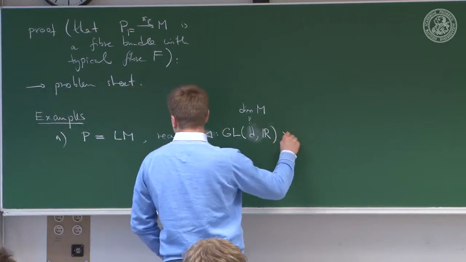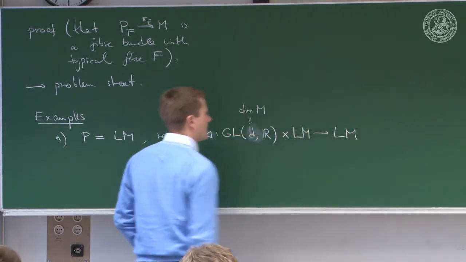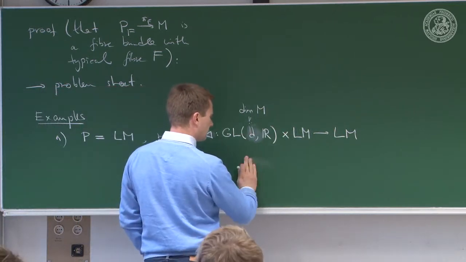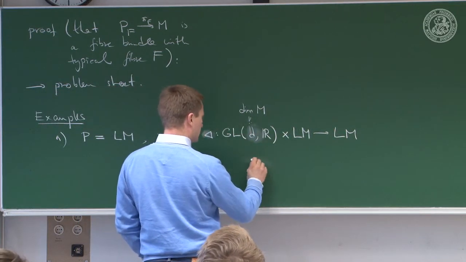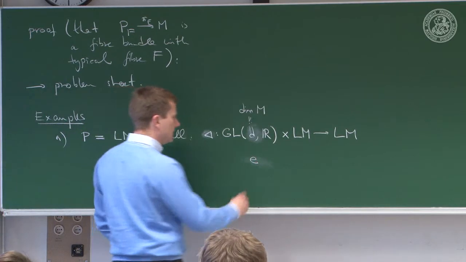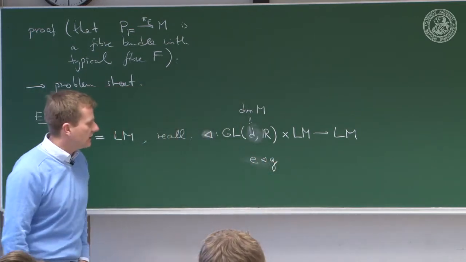You have such an action on the frame bundle, and it is given by acting on a frame, which we write e, from the right by an element g of GL(D, R).